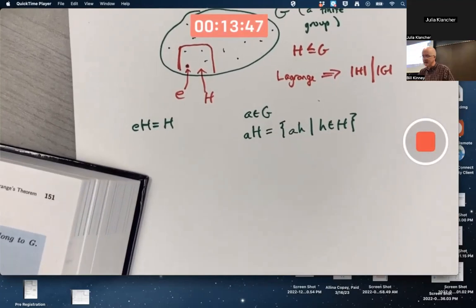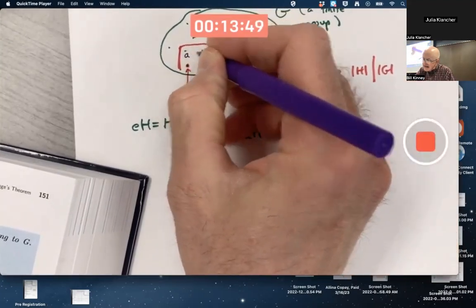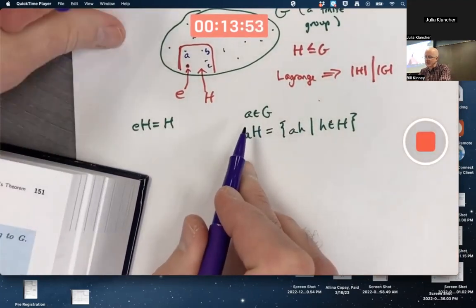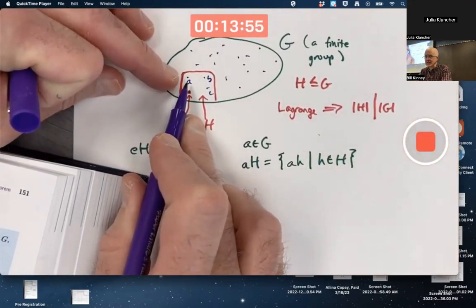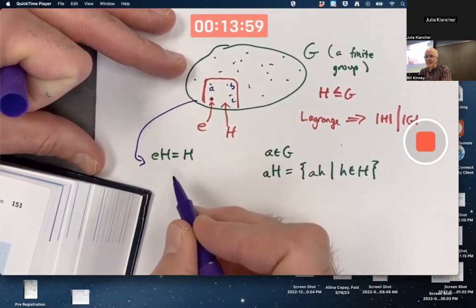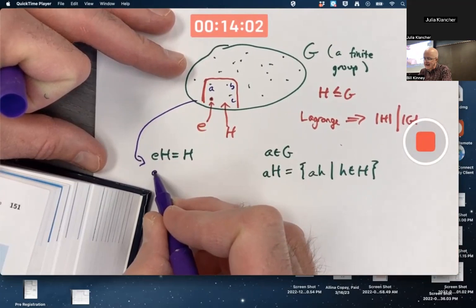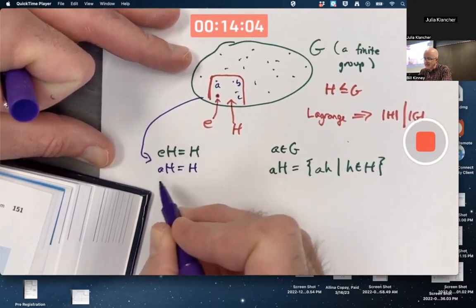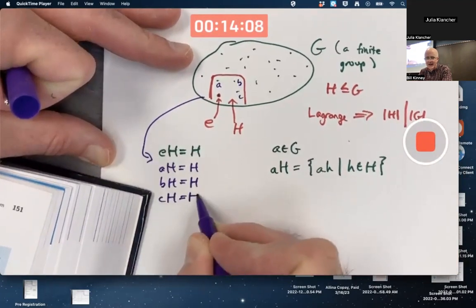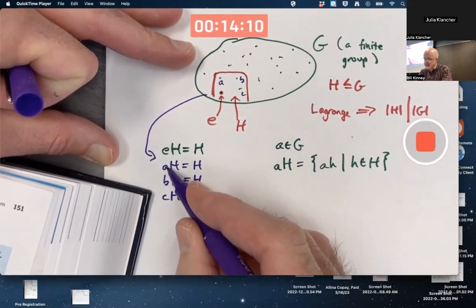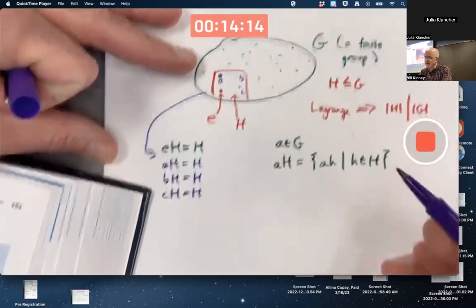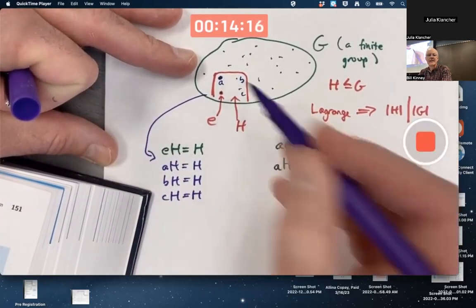Maybe I'll use just letters A, B, and C. Here's an arbitrary A in G, but this is a particular A in G. In this picture, you could also write AH equals H, BH equals H, and CH equals H. Again, this A here is not an arbitrary element of G. It's this particular element right there that I'm pretending is that point.